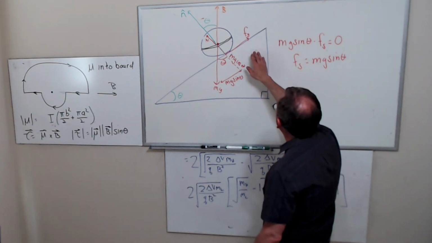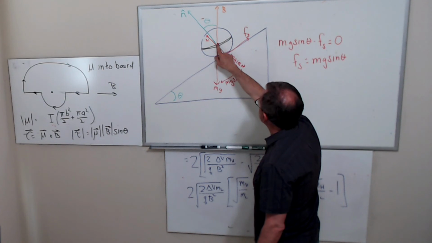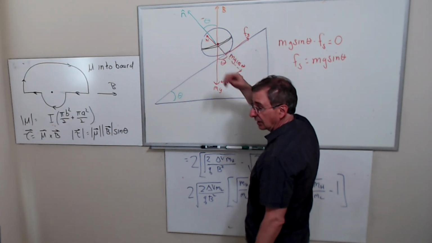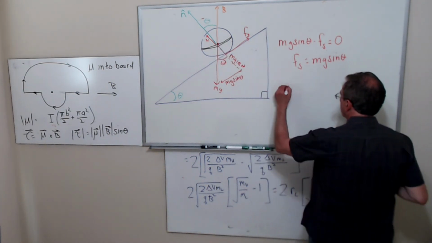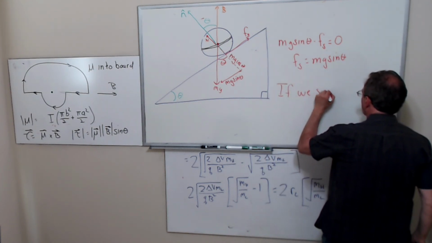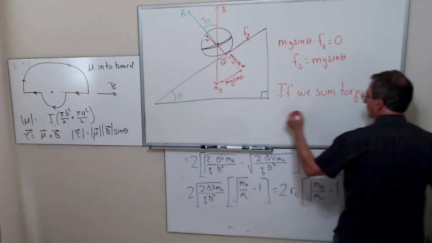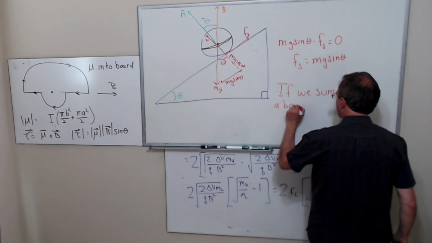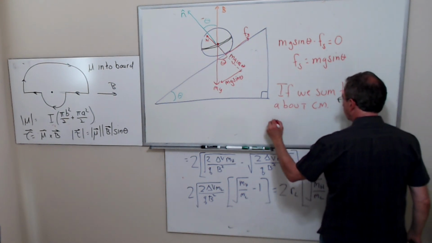So if we choose this as the place where we calculate the torque, what torques exist? The torque from the friction and the magnetic dipole moment.